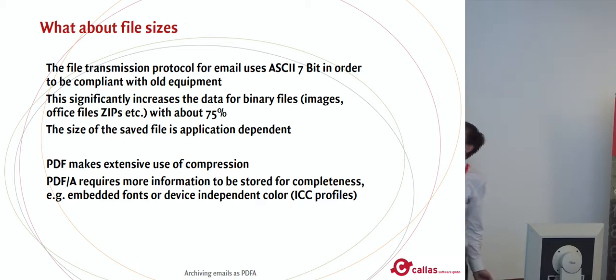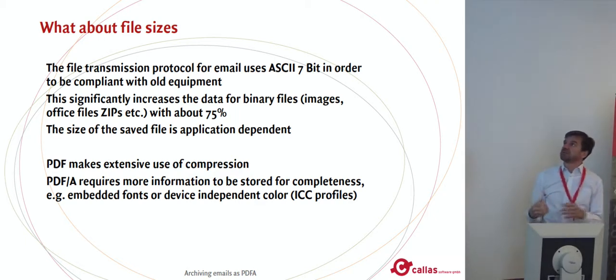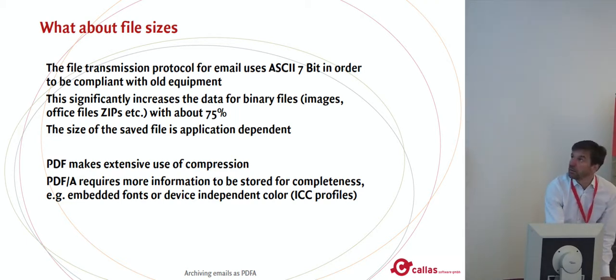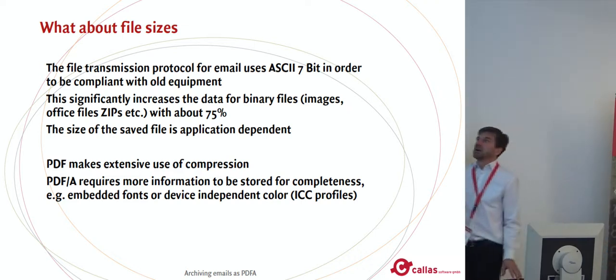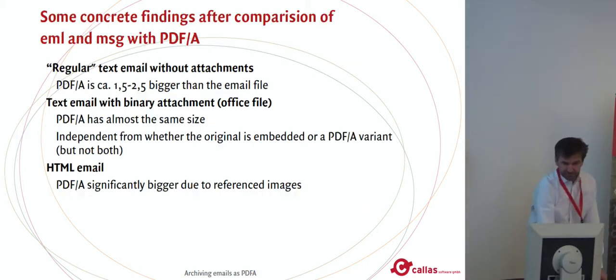It's important to know that an email is not a small file. It's 75% bigger due to only supporting ASCII 7, at least if there are binary images, and PDF is the opposite. PDF/A requires more information, but it makes extensive use of compression.